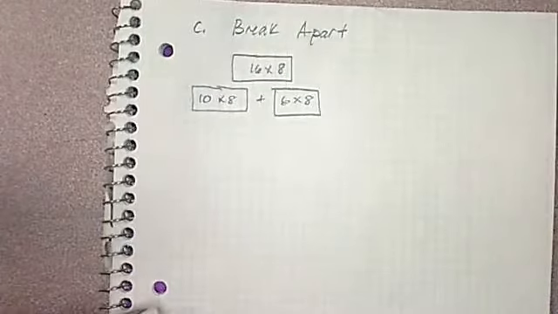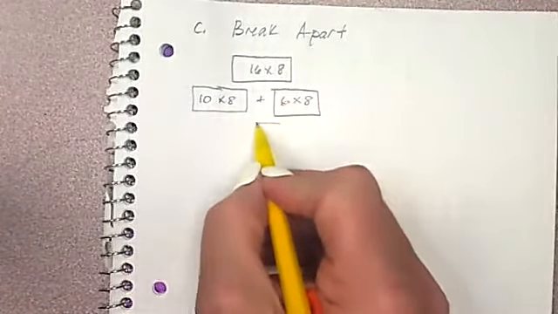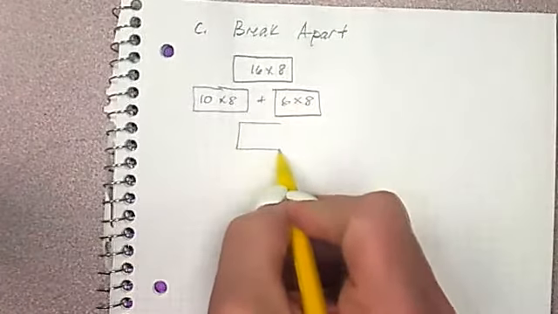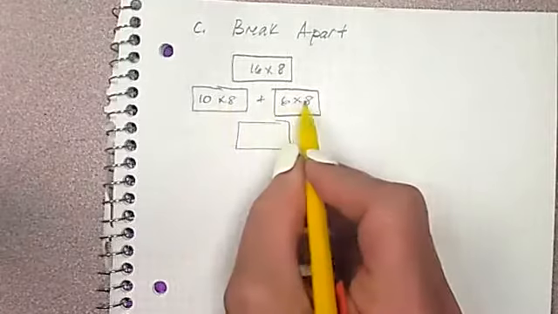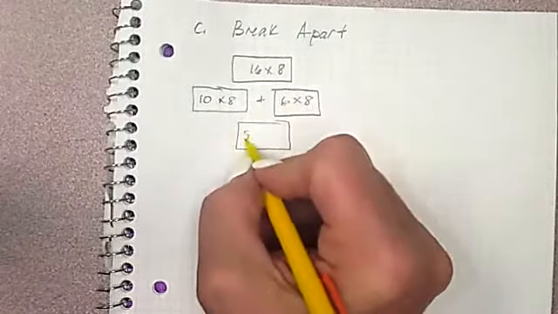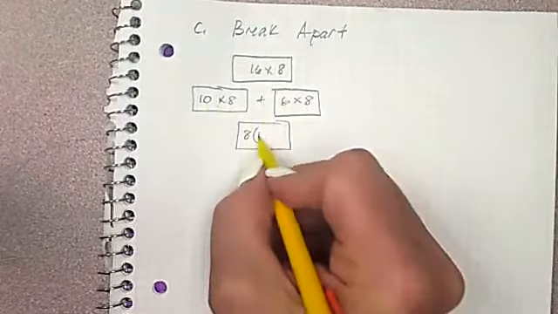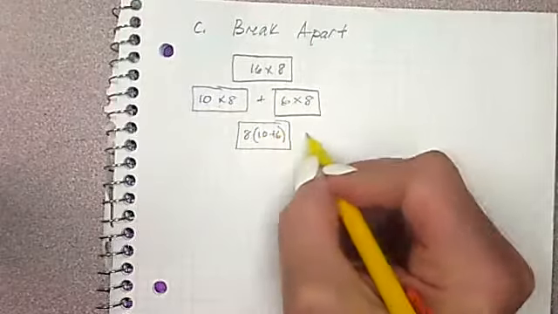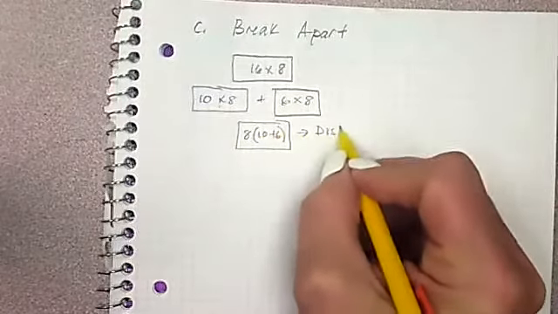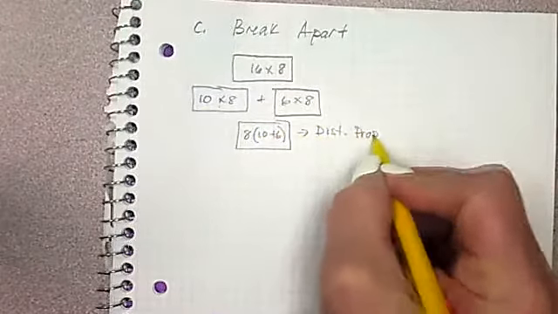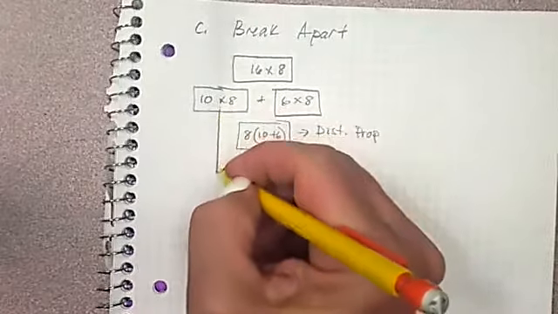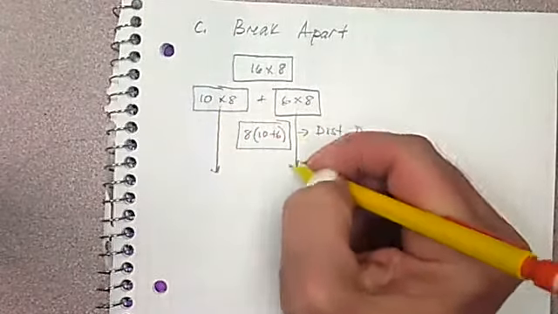All right. So the distributive property just comes in right here. Our multiplier is 8. So we're going to multiply 8 and then 10 plus 6. That's the distributive property. Now to solve this, let's come down here.